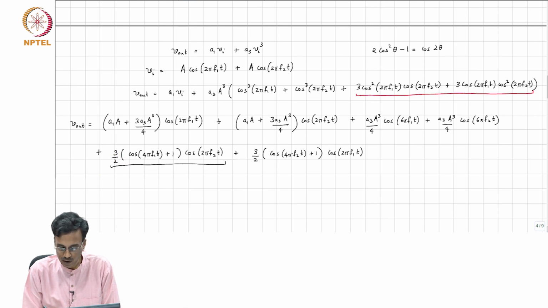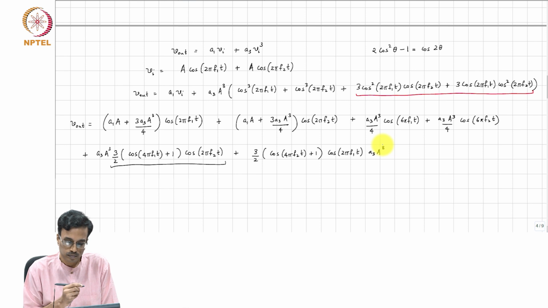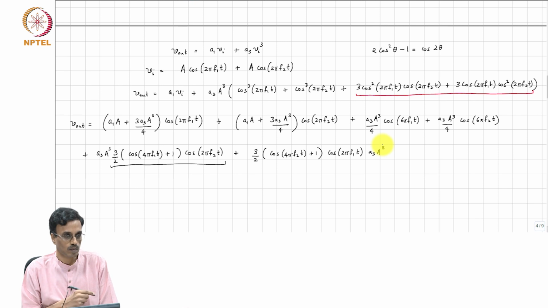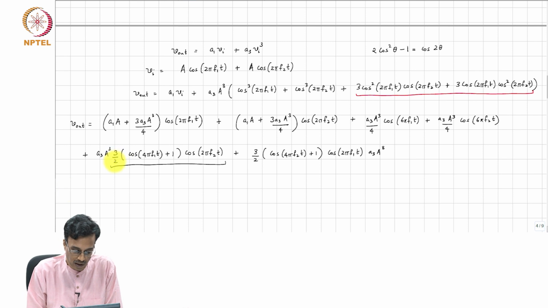We will simplify this one and the other one simply follows. Sorry, we have forgotten an A3 A cube. Okay, so now we will multiply this by 4 and take that in there.